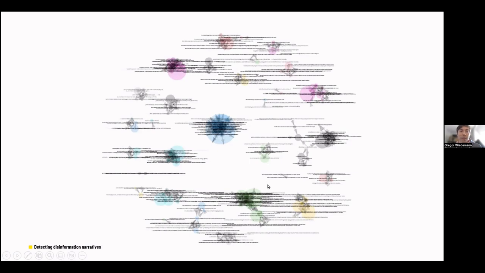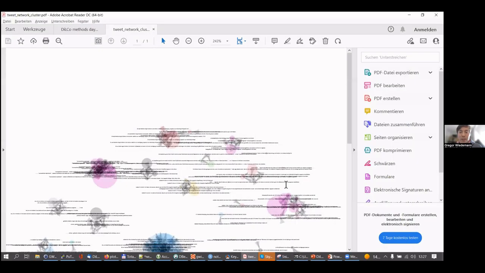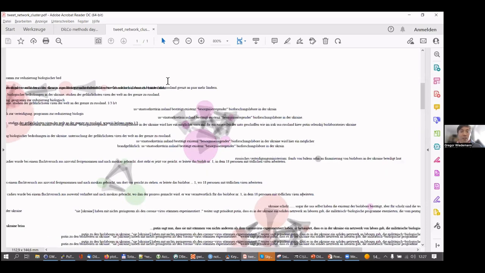But let me switch to this view here in the PDF viewer, where I can at least zoom into a number of clusters, and I can validate that these clusters talk about the same or similar stuff.